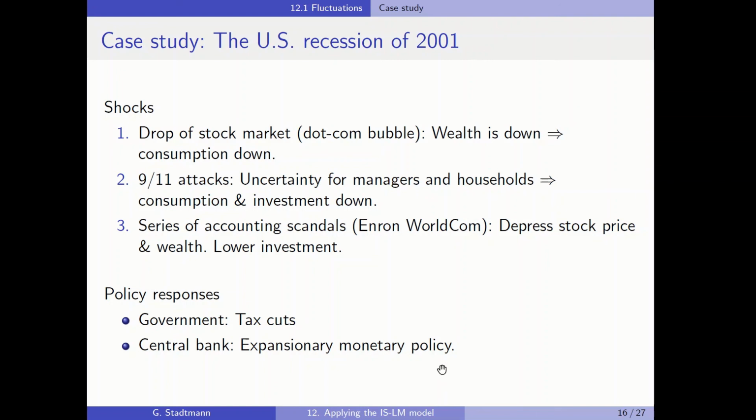An expansionary monetary policy leads to a decrease of the interest rate, and then the demand for investment goods will pick up again. So these policy responses are completely in line with our analysis so far, completely in line with our theoretical IS-LM model.